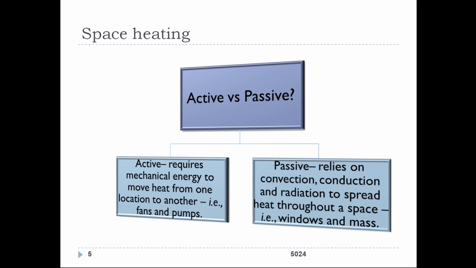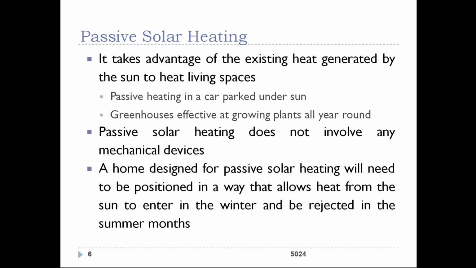But these electrical appliances like fans or pumps could again be run by solar energy using photovoltaics. That is another part. But a passive space heating system completely relies on the various modes of heat transfer to spread the thermal energy throughout the space being heated.